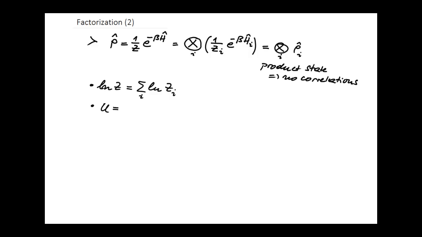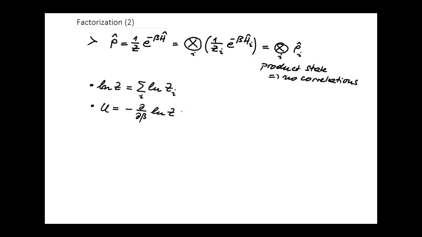When you take a partial derivative of the log of the partition function with respect to beta, you obtain the associated expectation value with a minus sign, which is the internal energy. So U is given by minus partial with respect to beta of the log of the partition function.